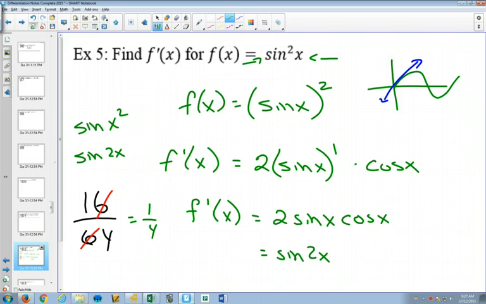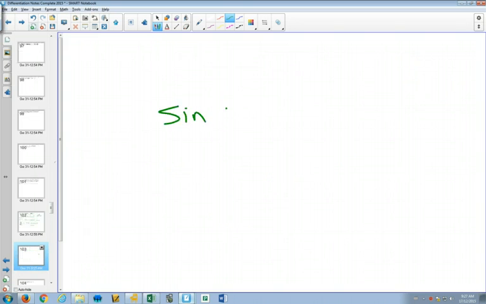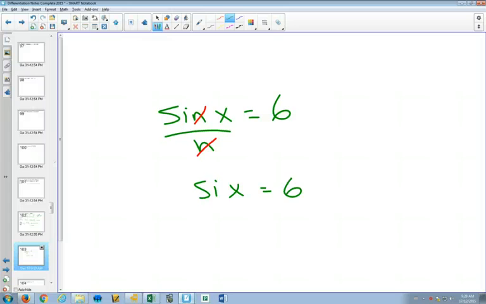How about this one? Have I showed you this one? Okay, solve this equation. Well, just cancel out the n's because everybody knows you can do that. It works. Okay, sorry. Getting off topic. Having too much fun.